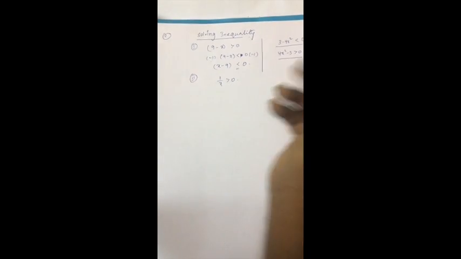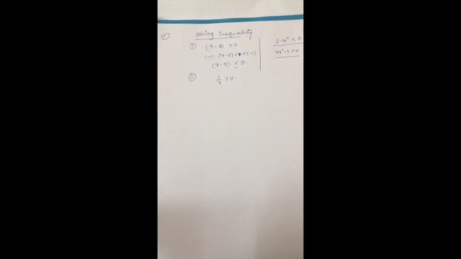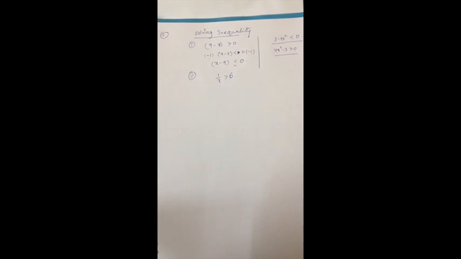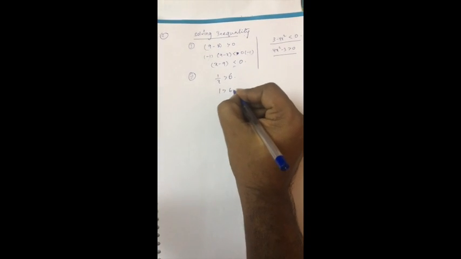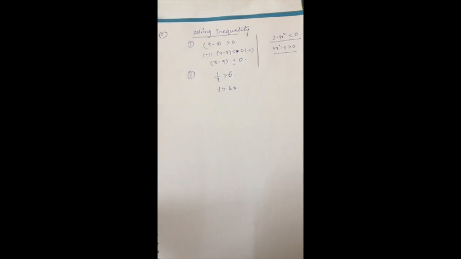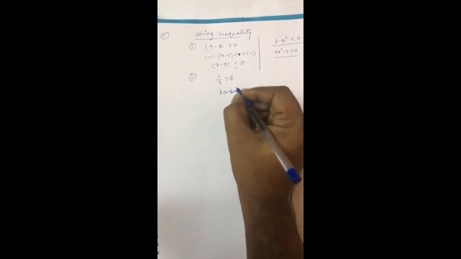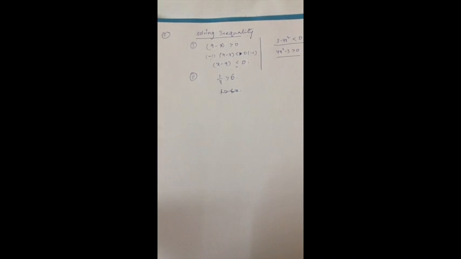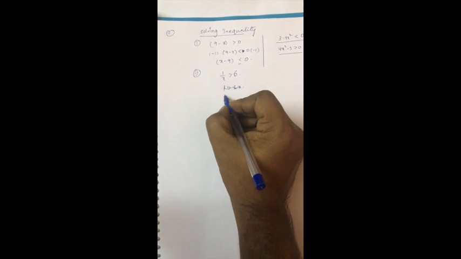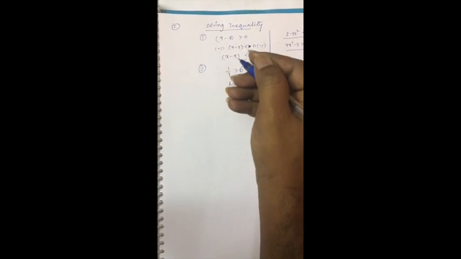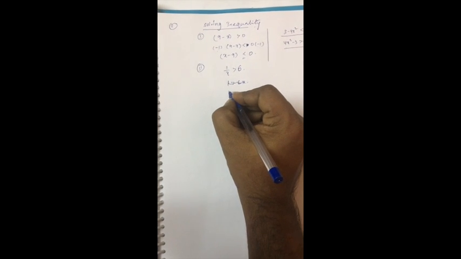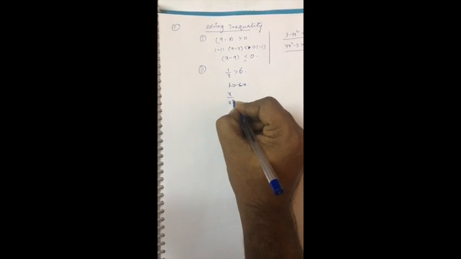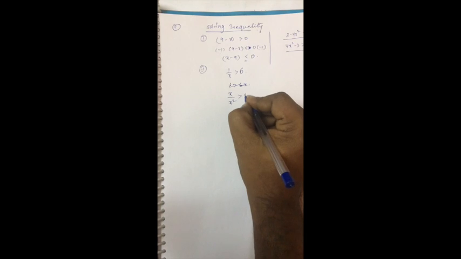Second one is, if 1 by x is greater than 6, let's say, you cannot write something like this. You have to make sure that you are cross multiplying a perfect square or an even power. That implies you multiply and divide by x on both sides.